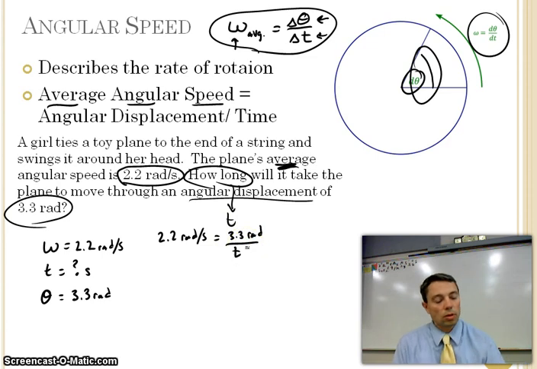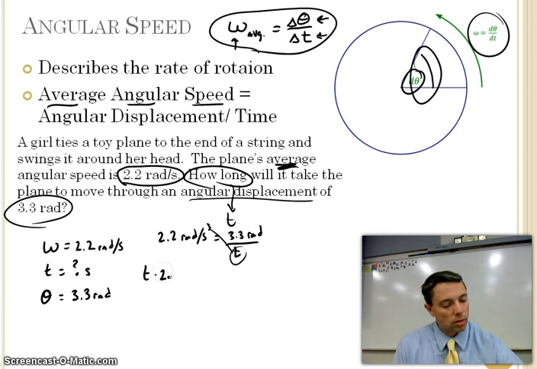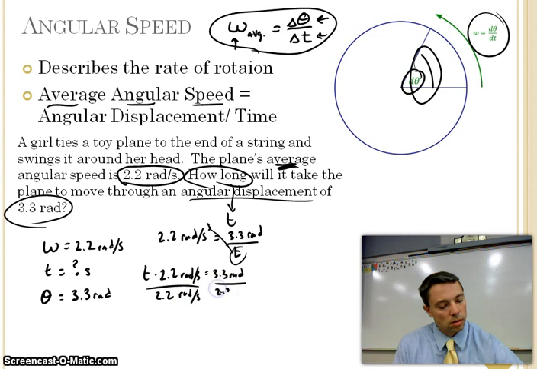Now I have to do a little bit of algebra, so I bring the t over to this side, and that gives me t times 2.2 radians per second is equal to 3.3 radians. I'm going to divide by 2.2 radians per second, and then I'm going to find out what t is.